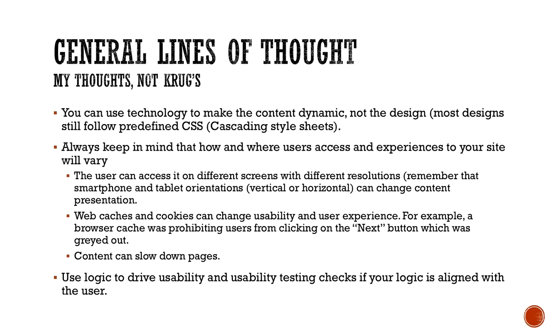If you have, for example, a 320 pixel screen, you have to think of how you are going to scale it so that even people in those countries can get to see what they need to see. And remember, it's not always about rich content, watching Netflix videos, but also giving public service information. So just be careful and understand that vertical and horizontal orientations can change the content presentation.